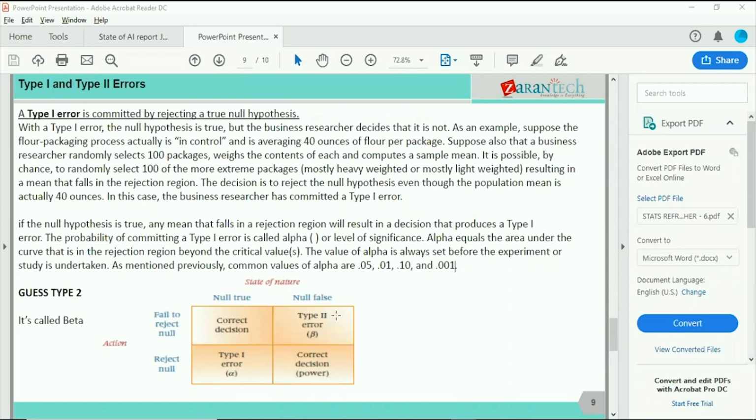Okay. Again, let's start with the whole process itself. Now somebody came and told me I want to identify which guys are going to move away from my business or not. Correct. Now tell me what is the null hypothesis here? And tell me what is the alternate hypothesis here.